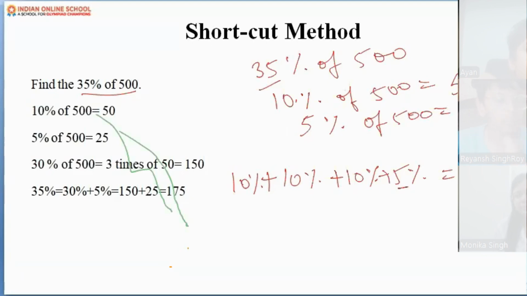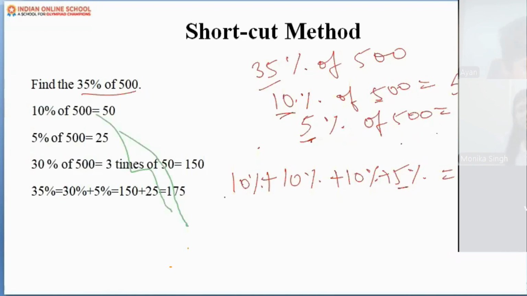When 10% is 50, then 5% will be, 5 is half of 10. So what will be half of 50? Ma'am, 25. Yes, very good. So 10% of 500 is 50 and 5% of 500 will be half of 50, that is 25.